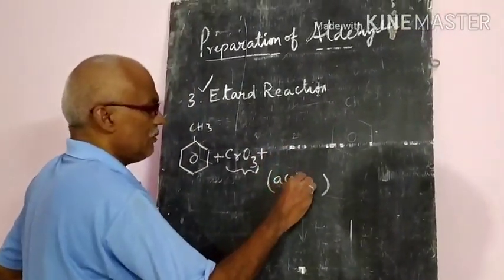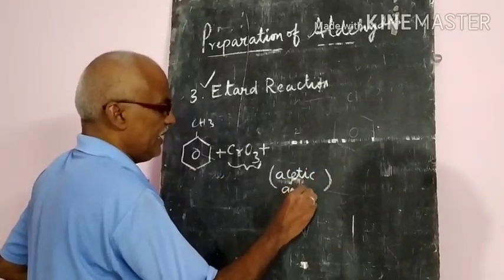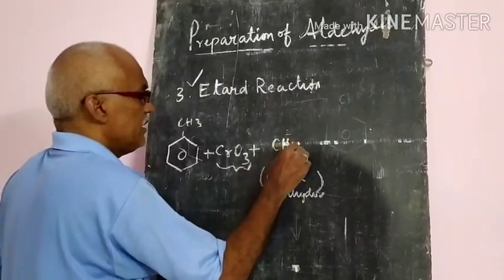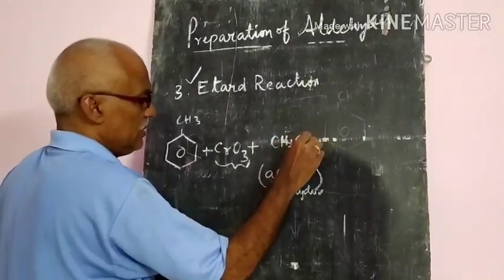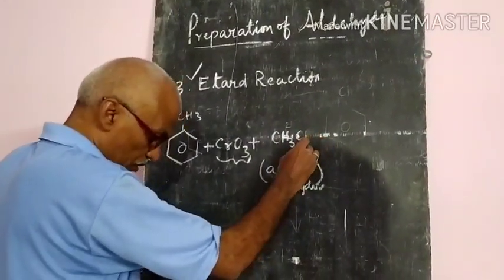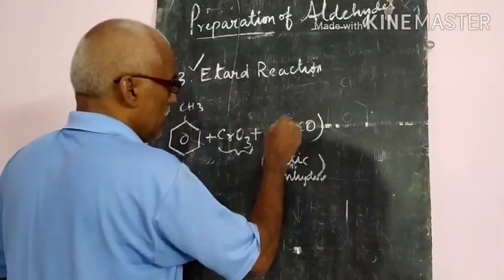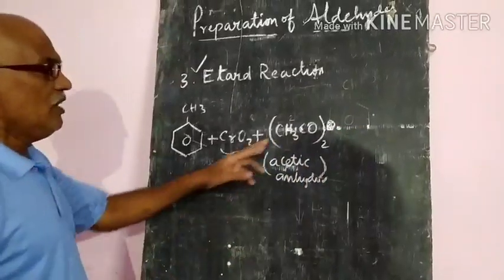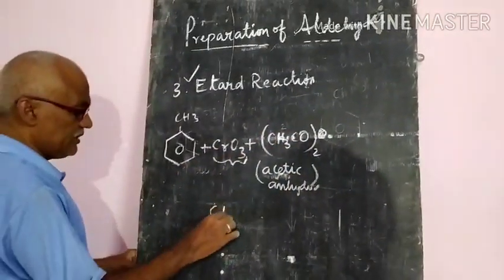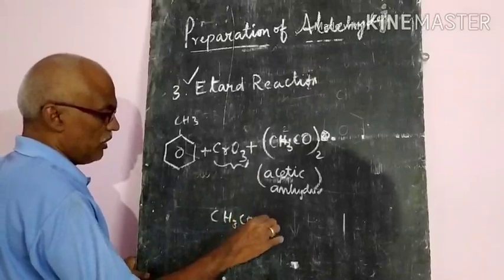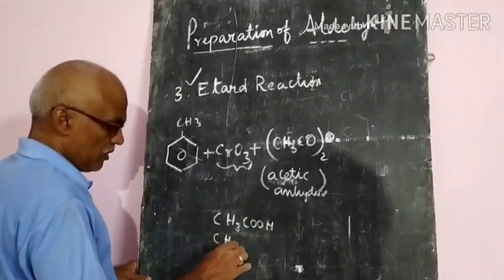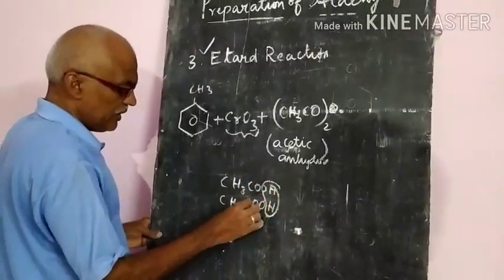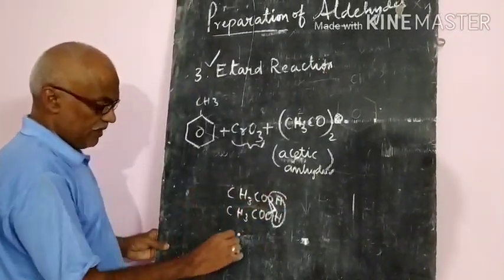Only in the presence of acetic anhydride will this reaction take place. Acetic anhydride, (CH3CO)2O, comes from two molecules of acetic acid, CH3COOH, and removal of water gives the acetic anhydride.